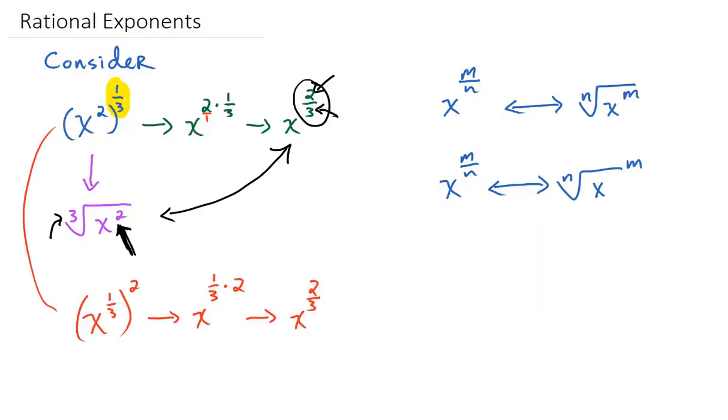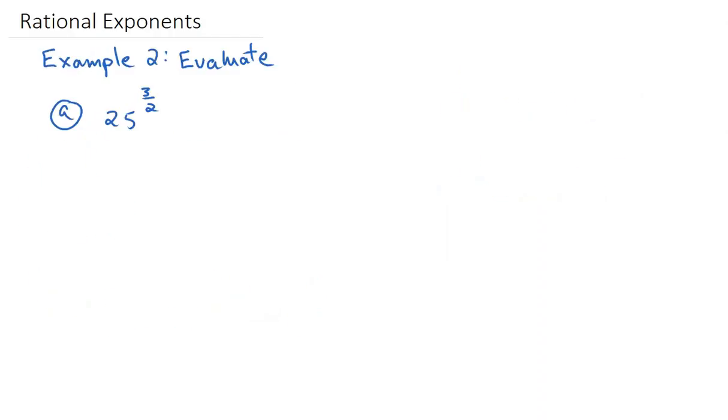Now let's look at this property where we have both an index and an exponent needing to be translated. Let's look at an example that deals with this. Let's say we have 25 to the 3/2. Now if I convert this to a radical, the index is telling me it's going to be a square root. I'm going to write that in red because we don't normally write it, but I want you to be able to see the number.